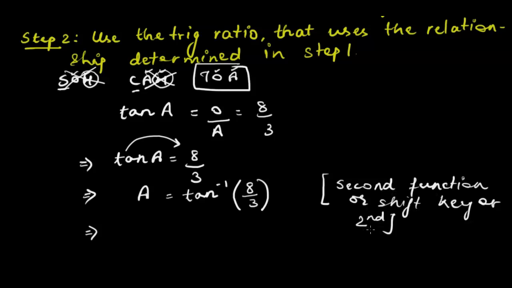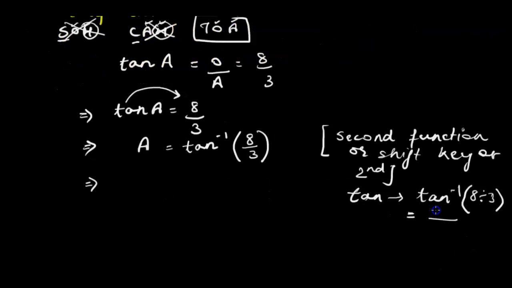That converts our tan to tan inverse. Then in brackets we put 8 divided by 3, and close the bracket. When we press equals, we get the answer from the calculator, in degrees, because this is the answer for the angle. In this case, we got angle A as 69.44 degrees.